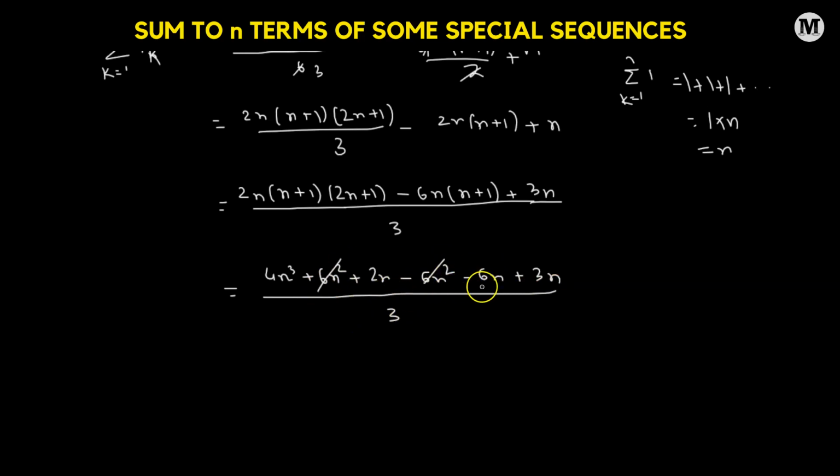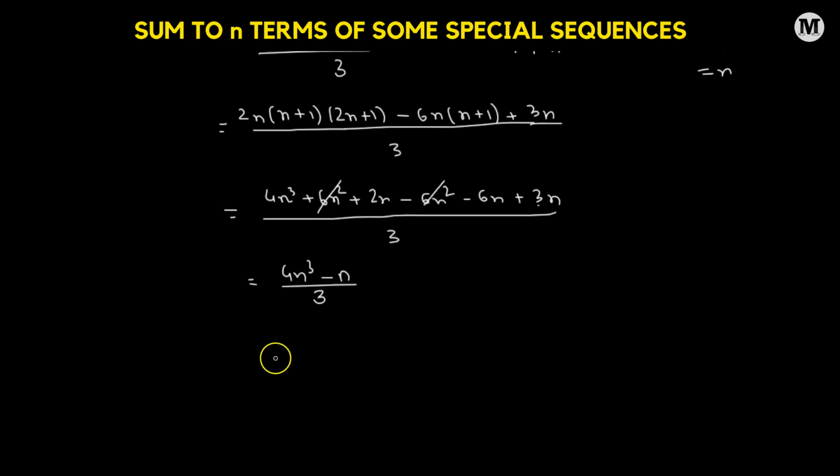So we have 3n plus 2n, that's 5n. 5n minus 6n is simply going to be negative n. So we have 4n cubed minus n divided by 3. And we can take n as the common factor. So we have n times 4n squared minus 1 divided by 3. So this is going to be the summation of Tk, where k runs from 1 to n.